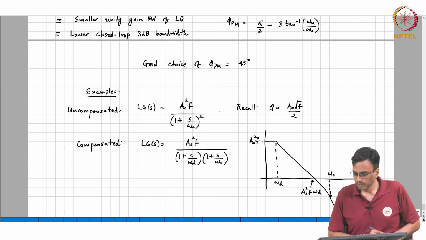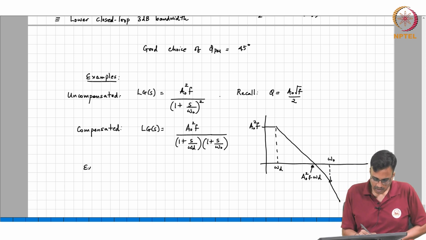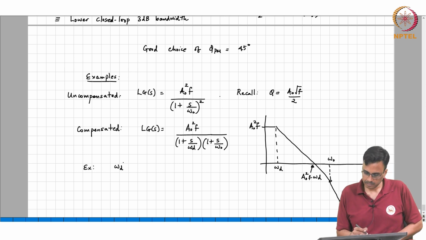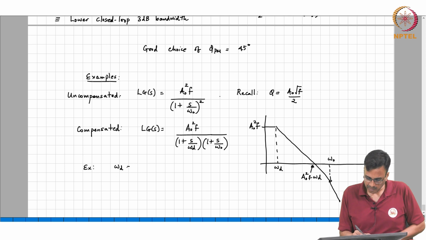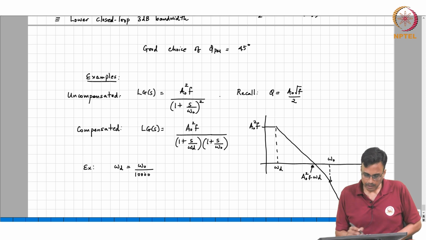For example, if omega d is chosen such that it is say omega naught by 10,000, and A naught square f is say 1000.